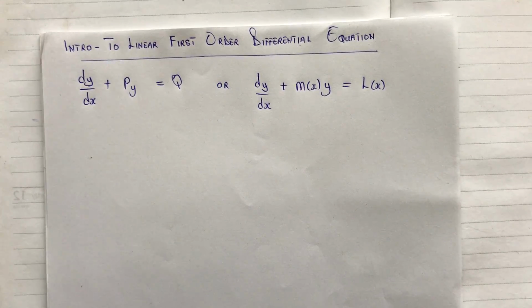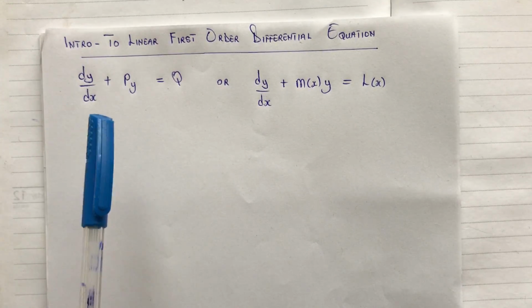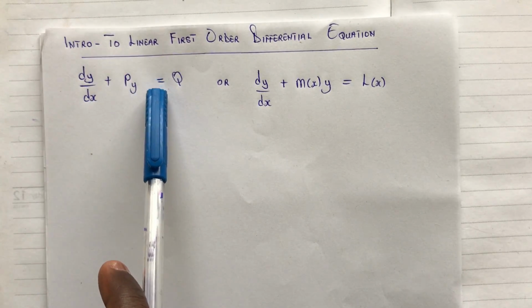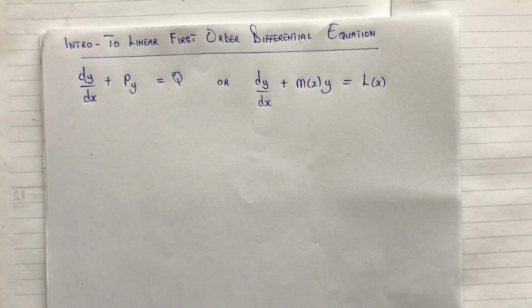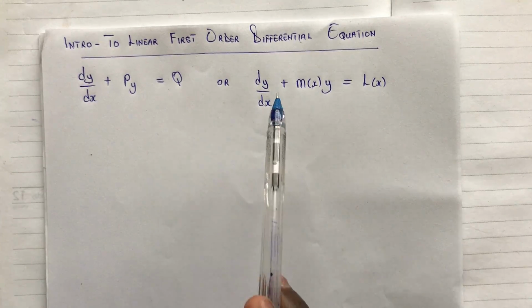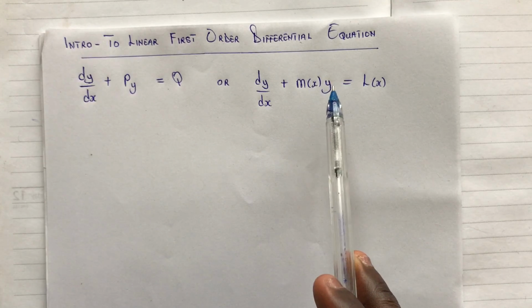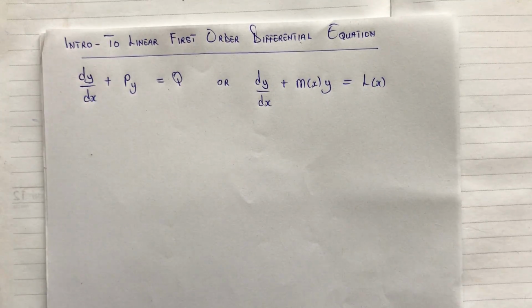So any differential equation of the form dy/dx plus py equals q is an ordinary differential equation or a linear differential equation. The equation can also be in the form dy/dx plus m of x times y equals L of x.